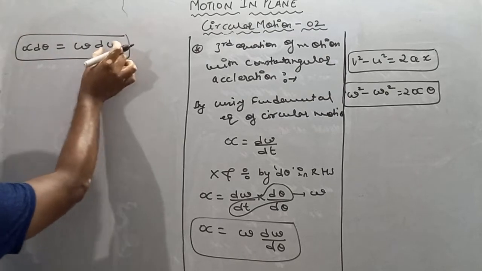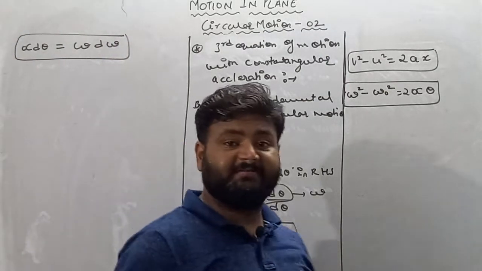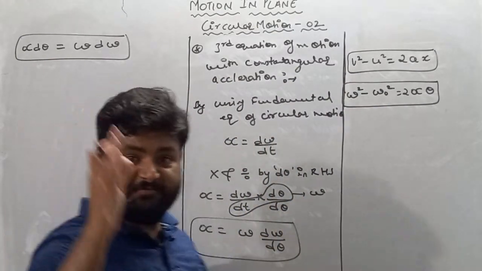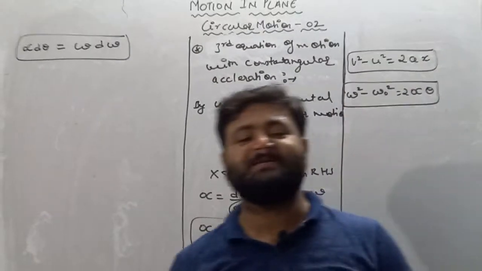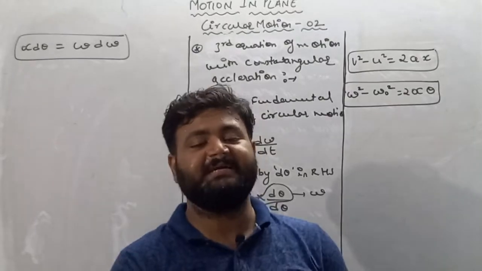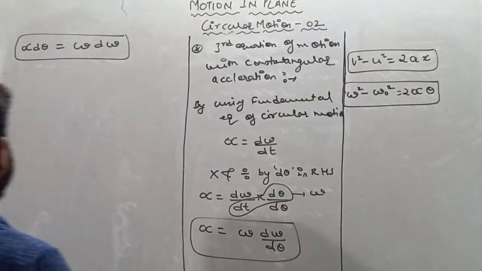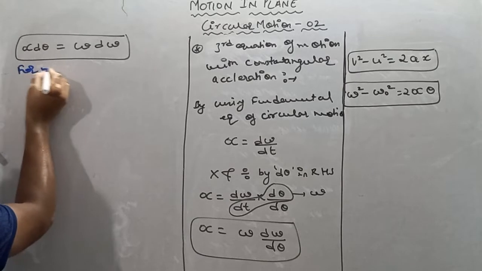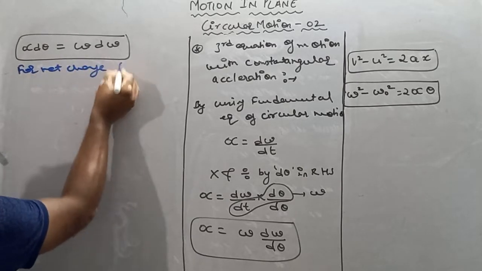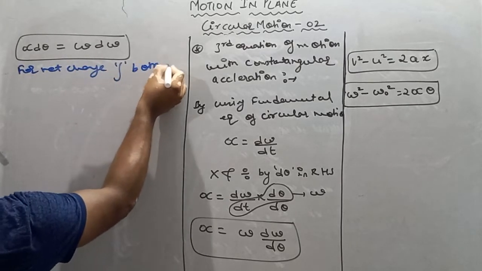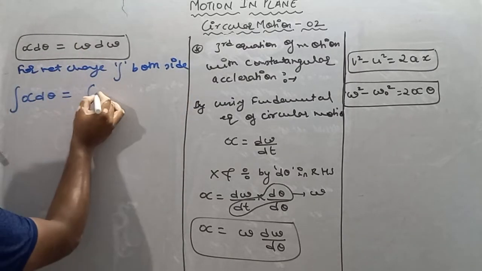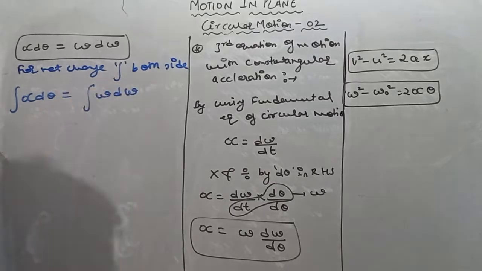As we know, d omega is a small change in angular velocity, d theta is a small change in angular displacement. We wish to find the net change in angular displacement and the net change in velocity. So I am integrating both sides. It will be integration of alpha d theta is equal to integration of omega d omega.